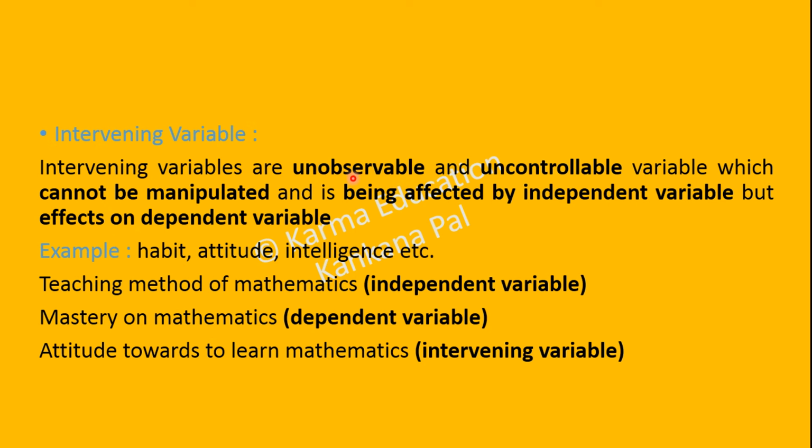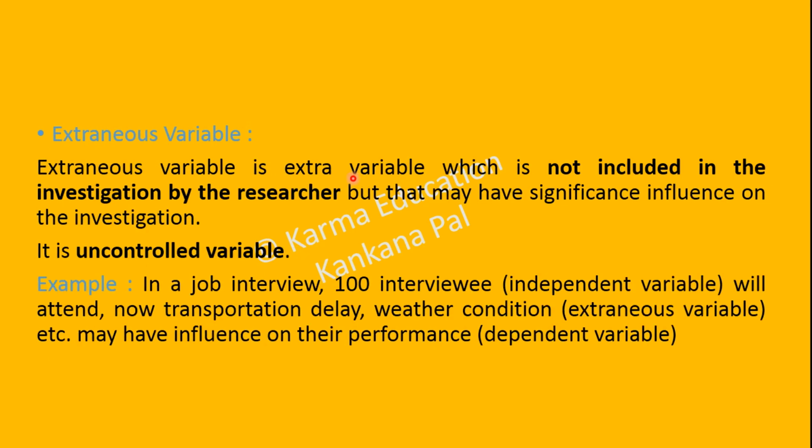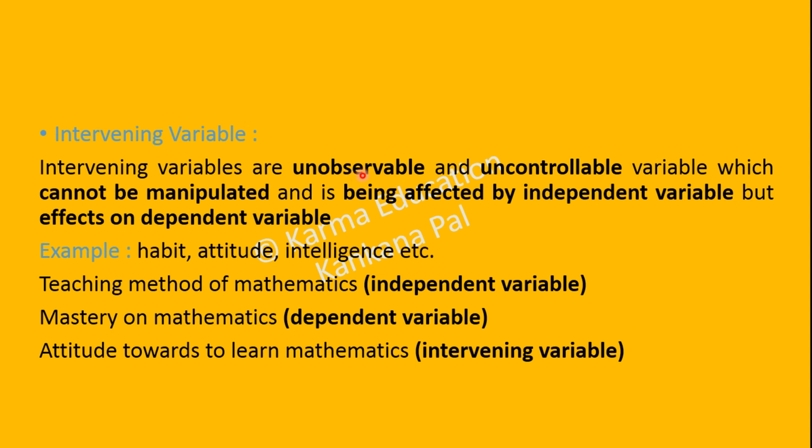Whereas extraneous variable was only uncontrolled variable, now intervening variables are uncontrollable as well as unobservable, which cannot be manipulated and are affected by independent variable but affect the dependent variable. For example, habit, attitude, intelligence, etc., which are not observable and which are beyond the control.